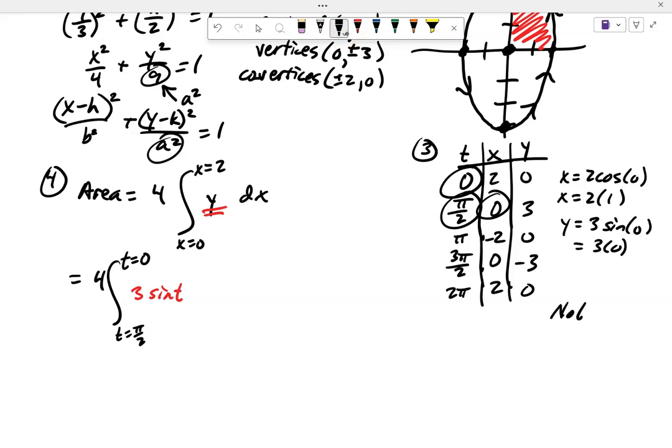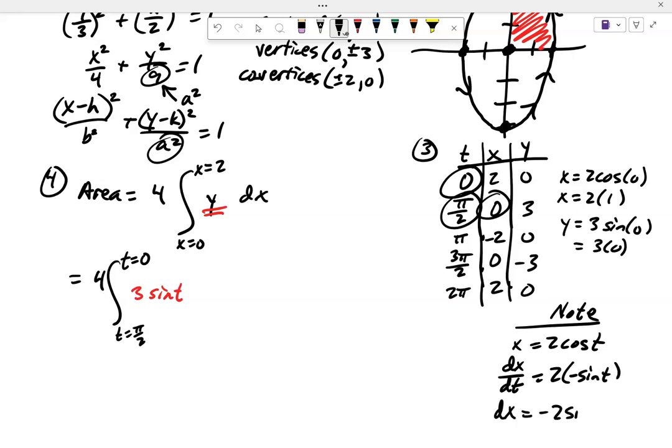Let me go to the side here. I have x equals 2 cosine of t, dx dt would be negative 2 sine t. So dx is negative 2 sine t dt. There's my dx.